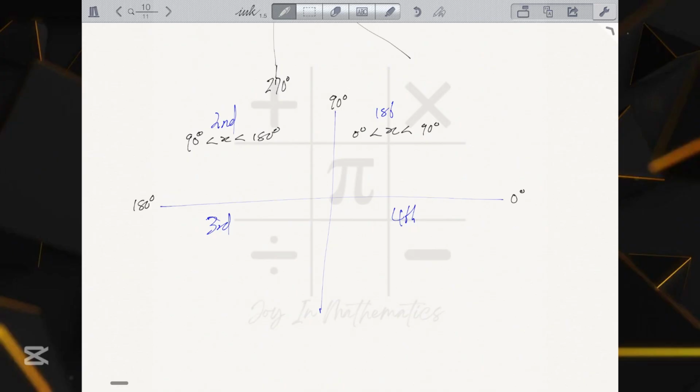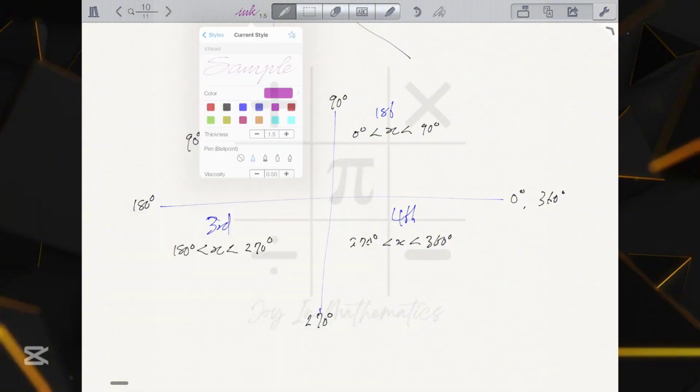Likewise, the third quadrant ranges from 180 degrees to 270 degrees, which is here. And the fourth quadrant ranges from 270 degrees down to 360 degrees. So we have our 360 degrees represented here.